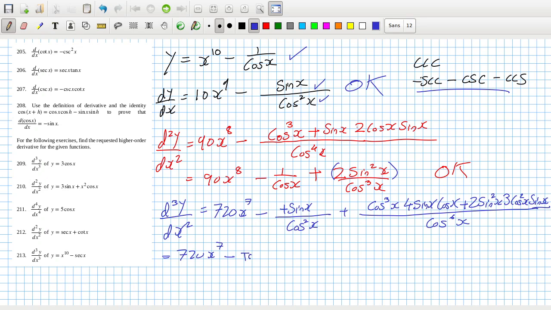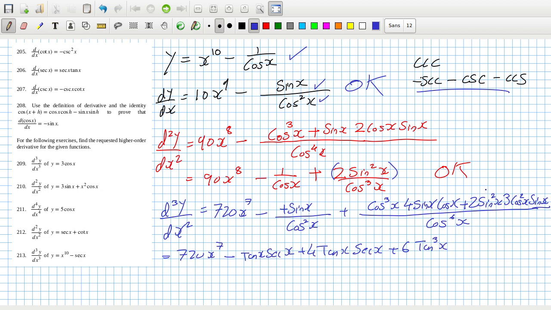Sine over cos is tan x. 1 over cos is sec x. And then there's a 4. Sine over cos is tan x, so that's down to 5. And there's 4 cos's on the top, so there's another sec x. And then here, what have we got? 6. 2 and 3 is 6, and we have a sine cubed and a cos 6, so we could make a tan cubed x.